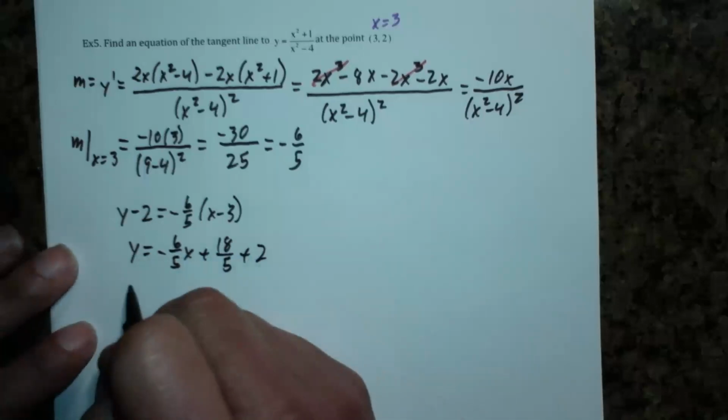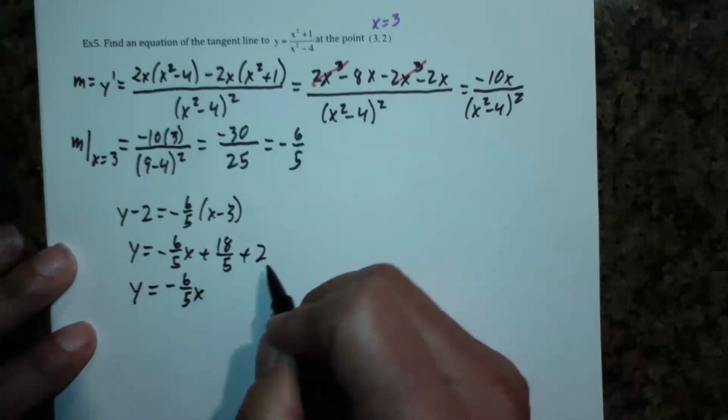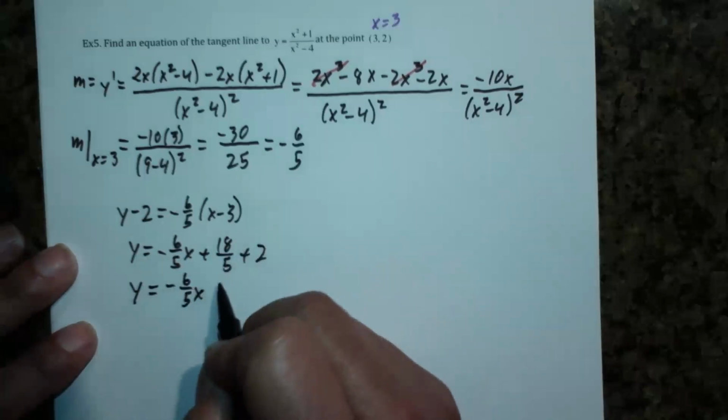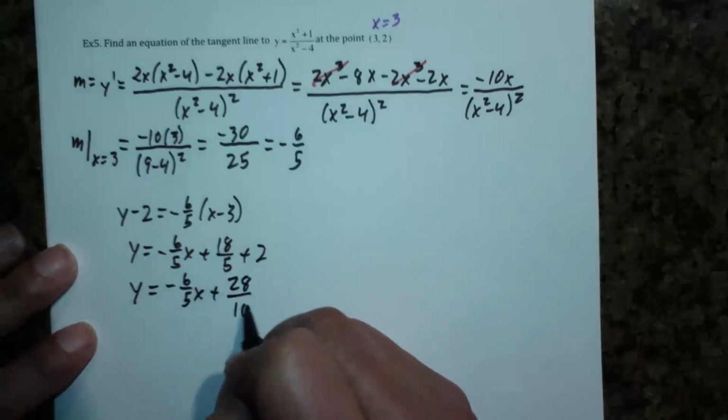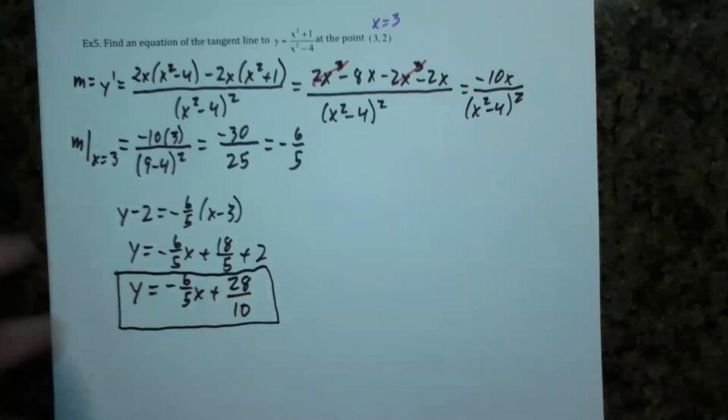Getting a common denominator here, this is going to give me y equals negative 6/5x plus 28/5, since 10 plus 18 is 28. And there is our equation. I hope that was helpful.